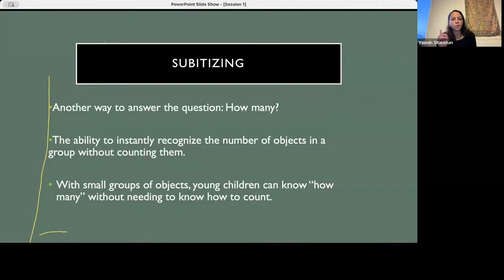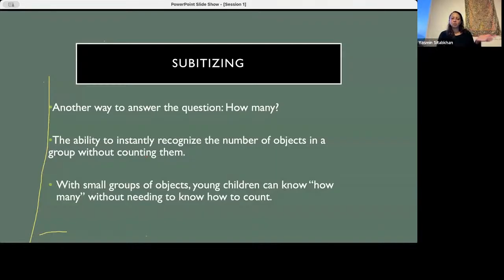So I'll say it again, without counting them. Counting is very important. We just spent a lot of time talking about counting, but we don't always want to emphasize that children should count. Sometimes or often we want to rely on subitizing more than counting.